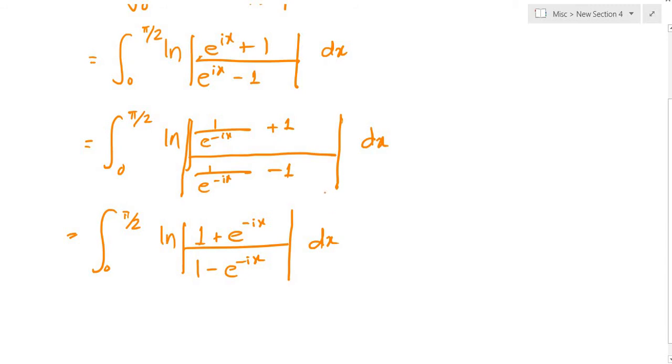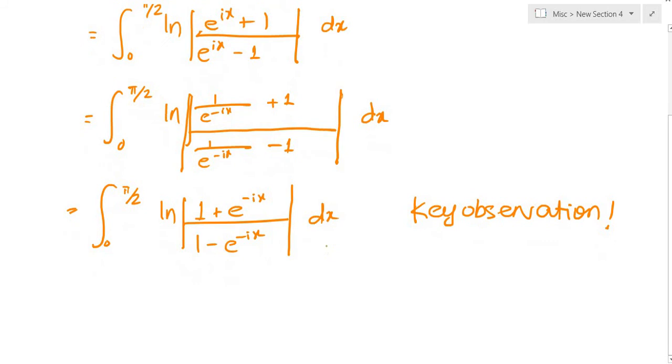But I would also like to remind you of a very, very nice fact, and that's actually the key observation in the entire question, if you ask me. And the observation is the inverse hyperbolic tangent of x is equal to half of the natural log of 1 plus x divided by 1 minus x.